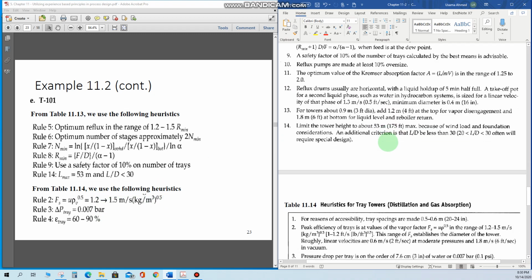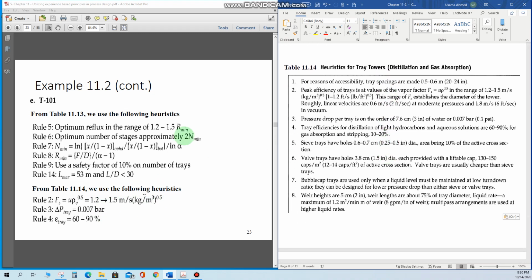Let us see Table 11.14 here. Heuristic number 2: F_s is equal to the velocity times the vapor density to the power 0.5, and it should be between 1.2 and 1.5 meter per second, or in terms of kg per meter cube, with the power 0.5. You can see this rule here also.